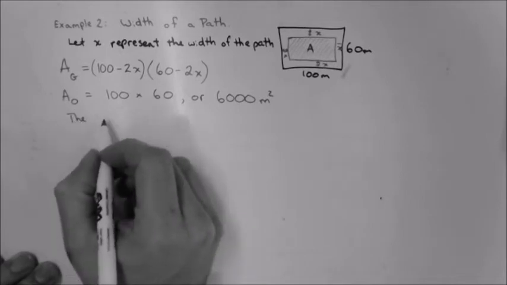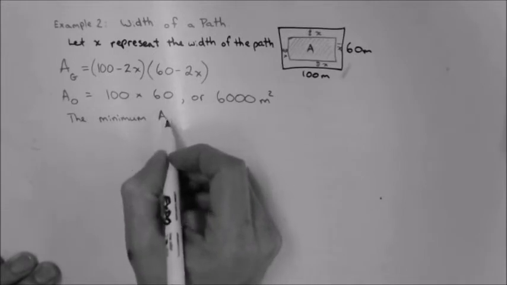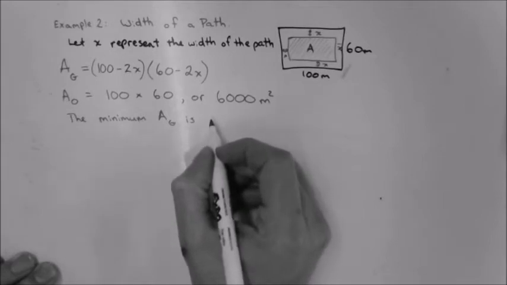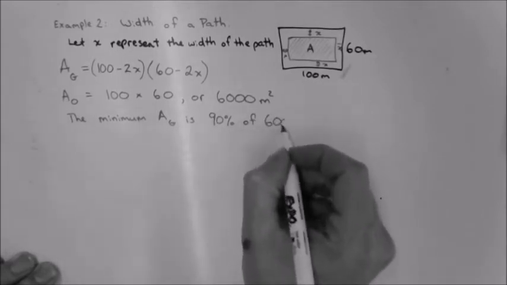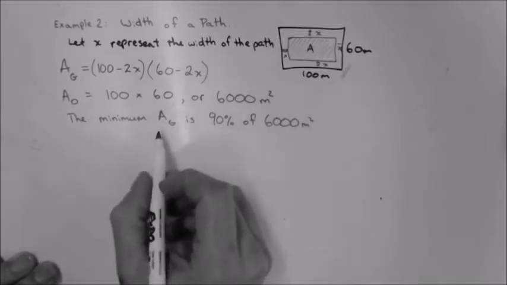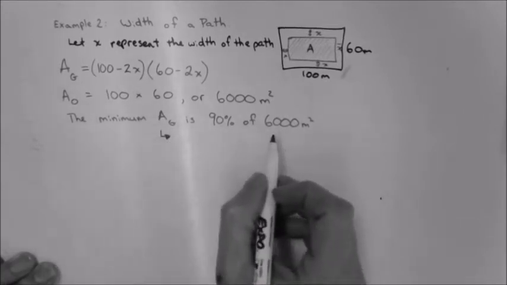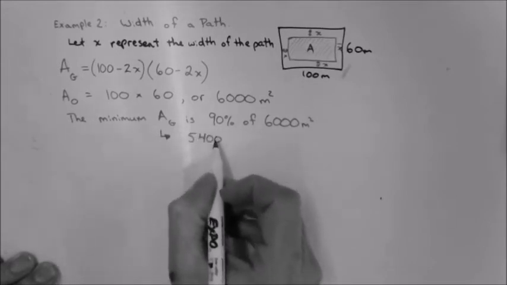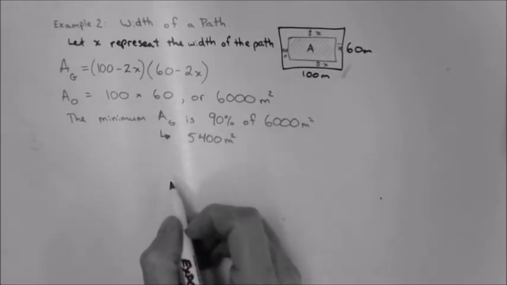So the minimum AG, that's what we've used to represent our new area, is 90% of 6,000 meters squared. So we put that in our calculator, 0.9 times 6,000, which means we have to have at least 5,400 square meters of grass remaining.